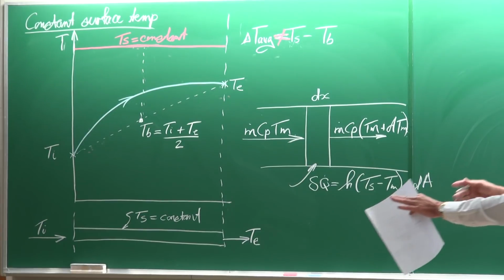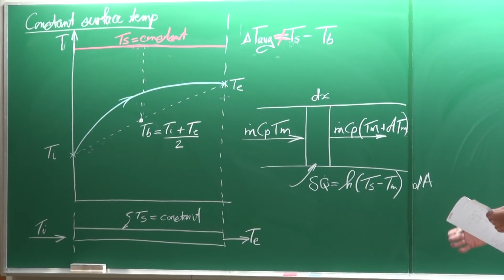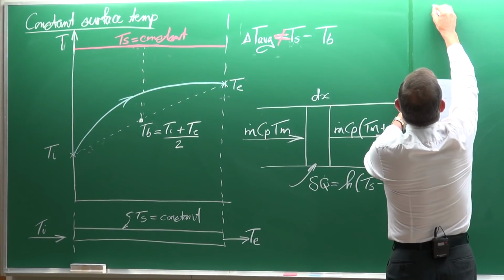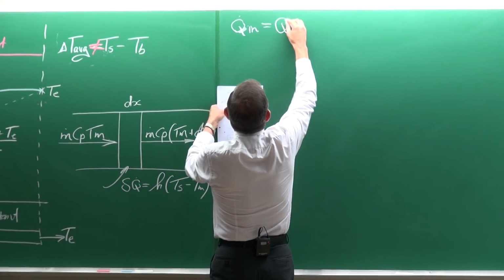And then we look at the heat transfer going in, which must be equal to the heat transfer going out. So the heat transfer in is equal to the heat transfer out.